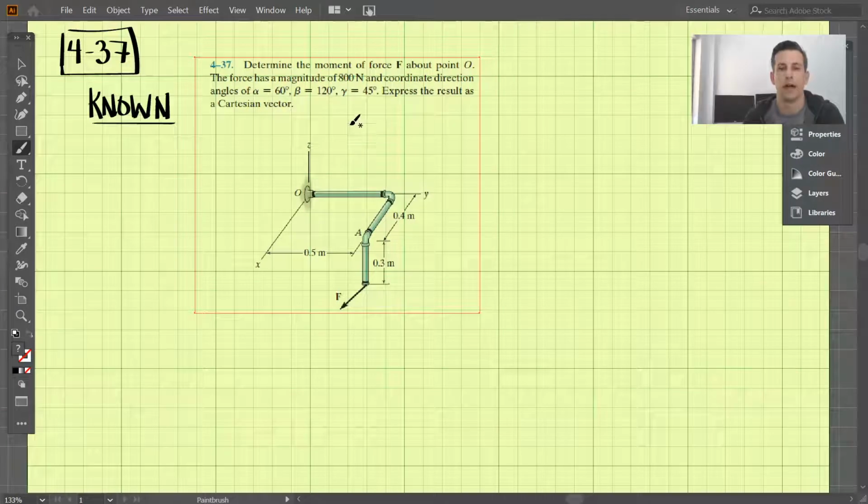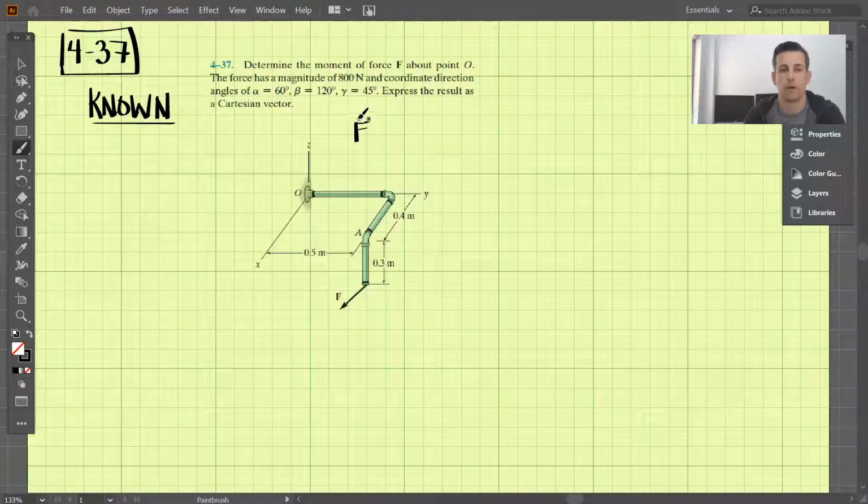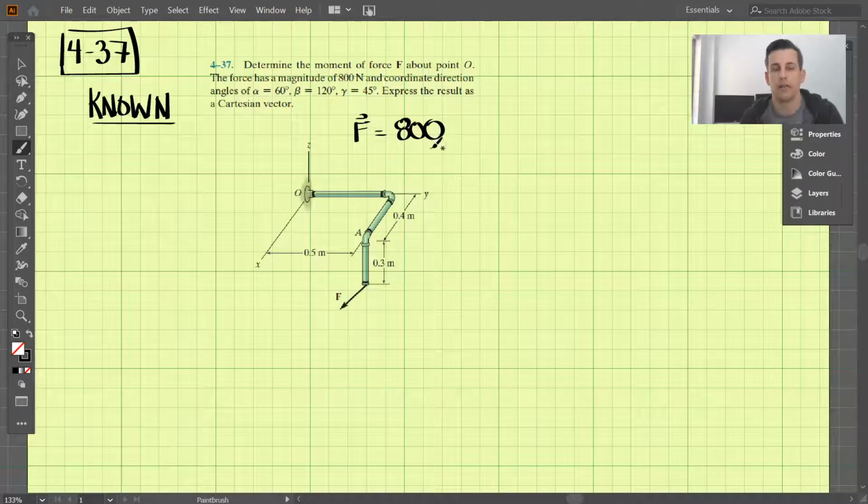So let's just write out F here. F is equal to a magnitude of 800 newtons, and then we need to break it down into its components. So in alpha, that's the angle between the vector F and the x-axis.